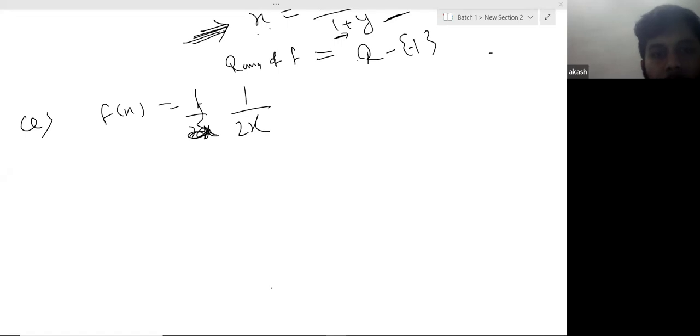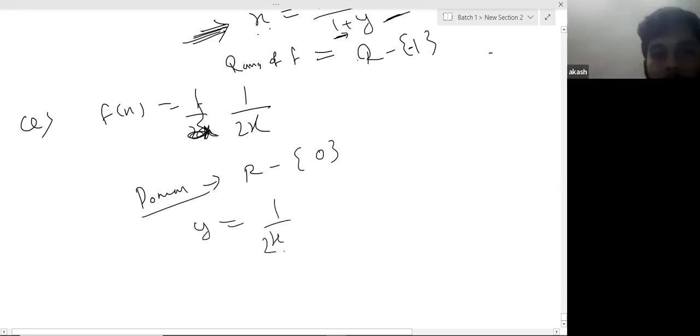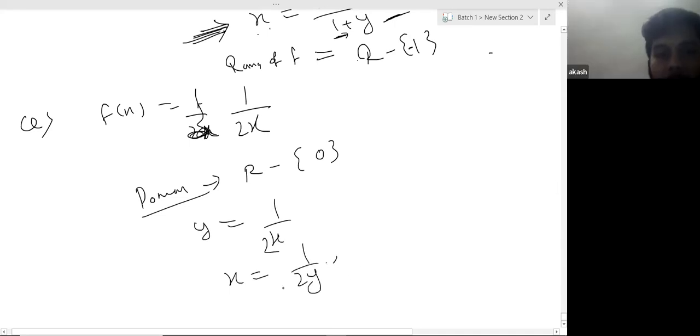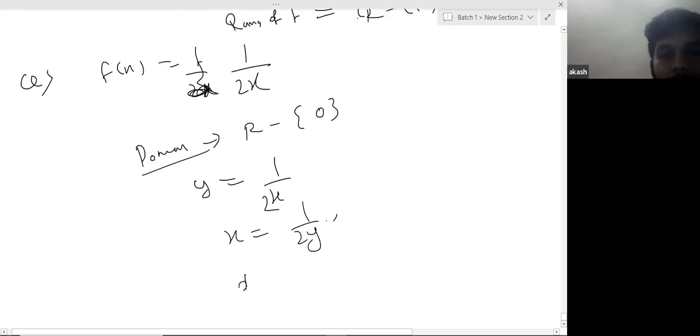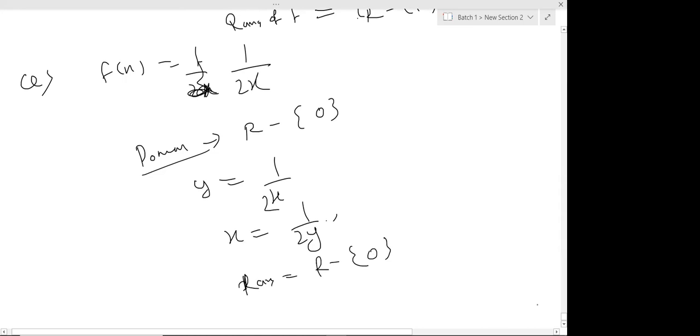All right. Domain is R minus 0. X cannot be 0. Right. How to find range? Same method. So same thing itself. 1 upon 2y. So y cannot be 0. So range is also R minus 0. Gautam, clear? Yes, sir. All right.